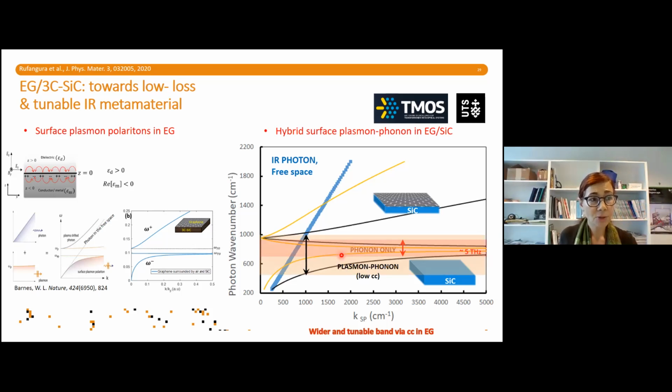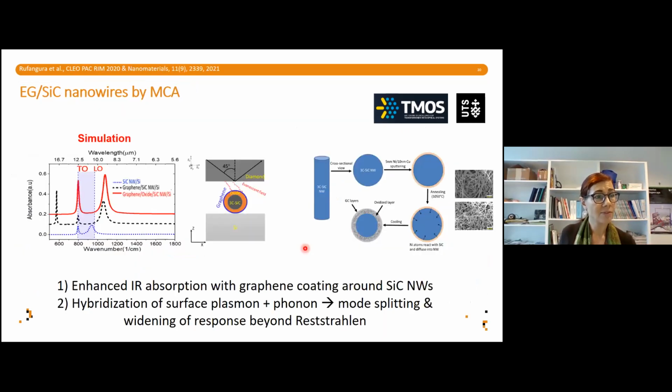And not only can you enlarge it thanks to this graphene on top of silicon carbide, but you can tune it dynamically by changing the charge concentration in situ of the graphene, which is one of the most important contributions that graphene can make: the dynamic tunability. So this is very, very promising, and we started looking into that initially, particularly from a simulation perspective.